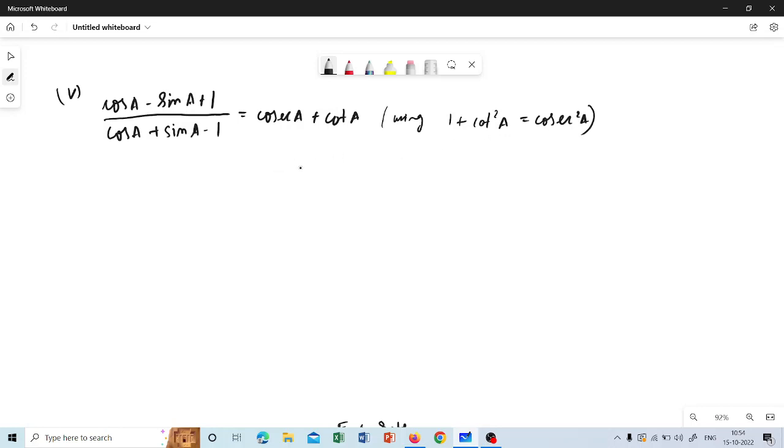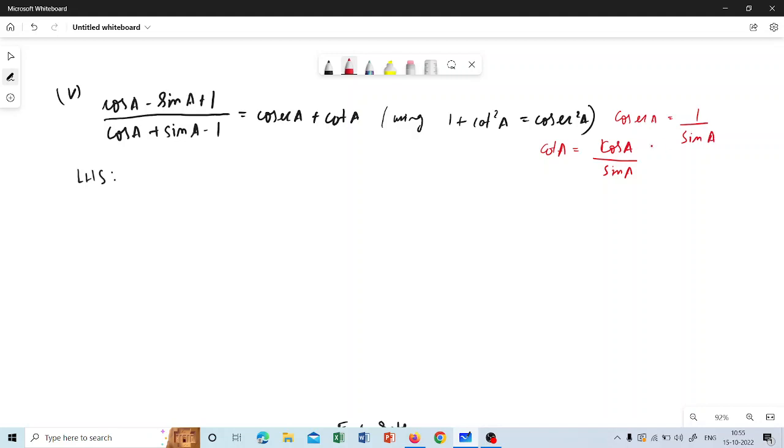One thing you can notice is that here there is no cot or cosec term, so we want it in terms of cot. Consider LHS, I want to bring this in terms of cot. Cot of A is equal to cos A by sin A, and similarly cosecant A is nothing but 1 by sine.